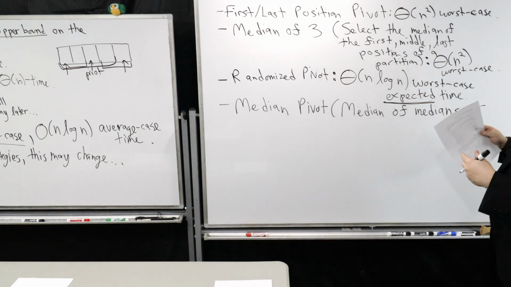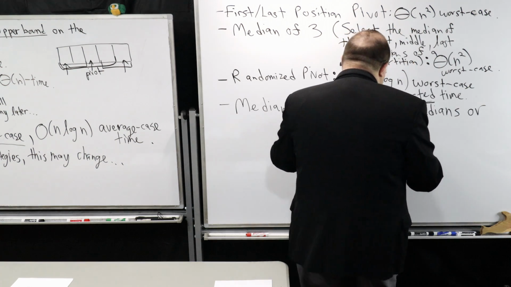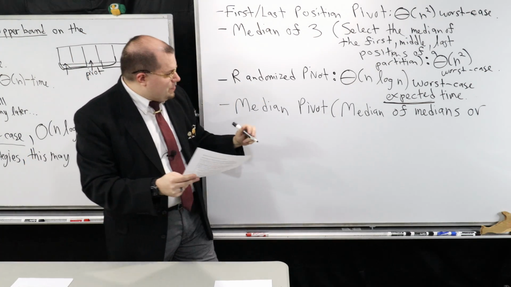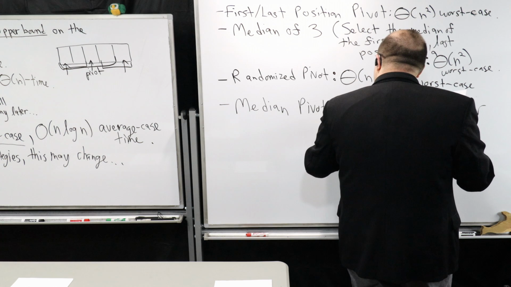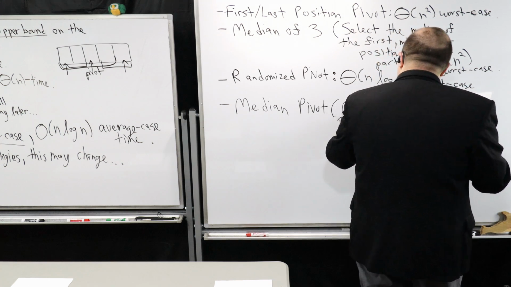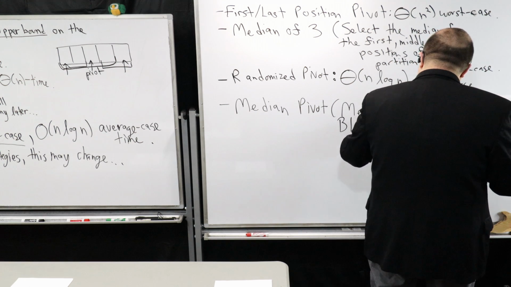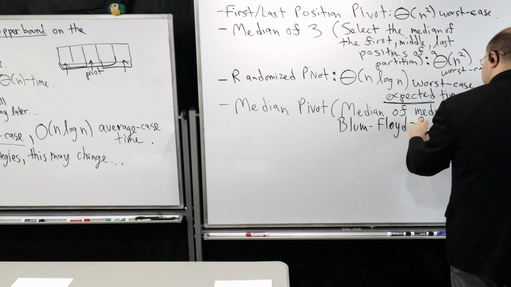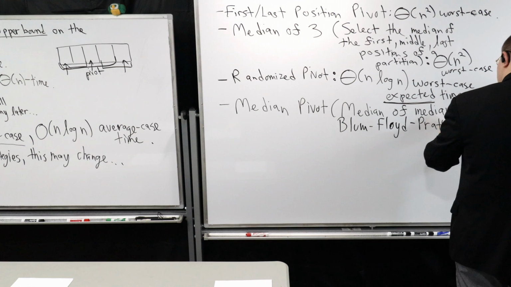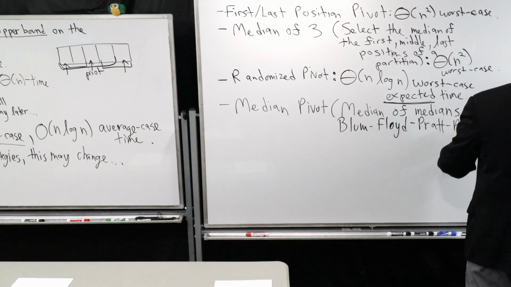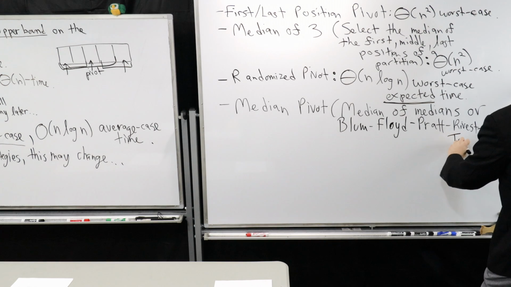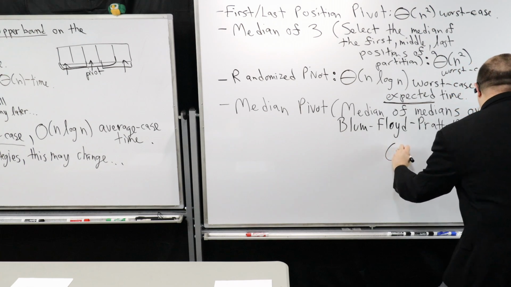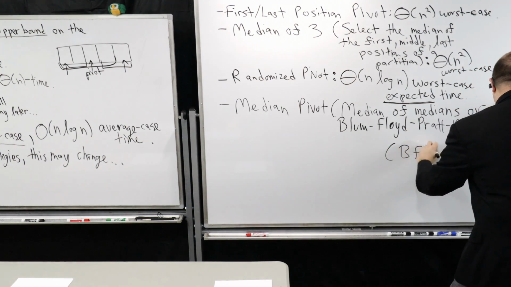Or the other way you could talk about this is here's the crazy acronym. If you ever find yourself looking for this algorithm, it's often referred to as Bloom, Floyd, Pratt, Rivest, Tarjan, or more appropriately abbreviated, BFPRT.